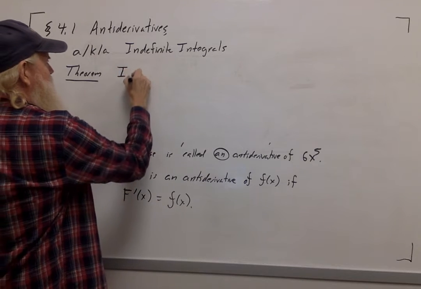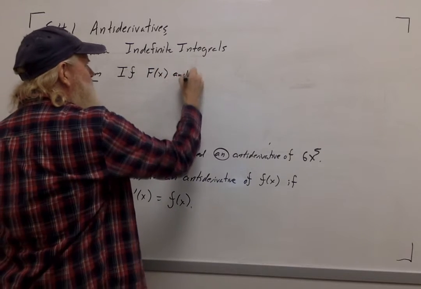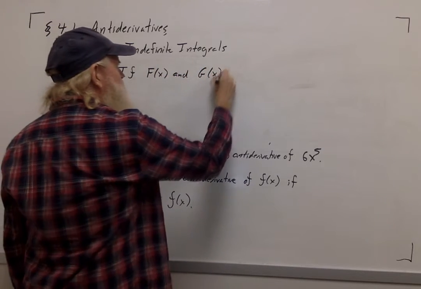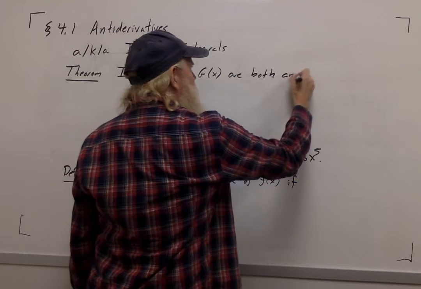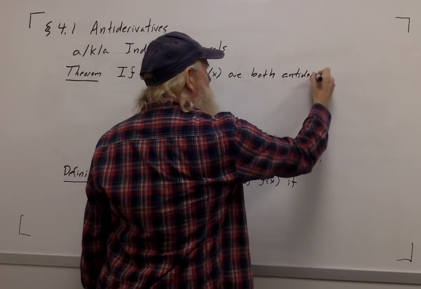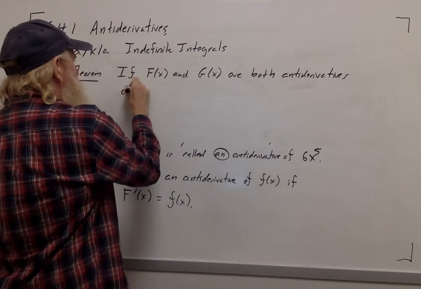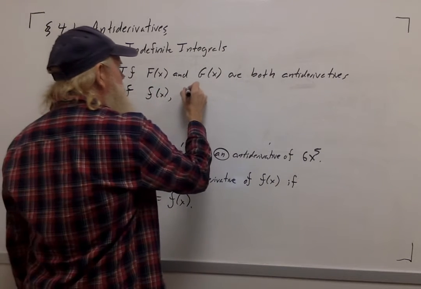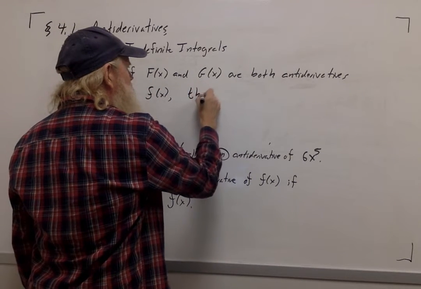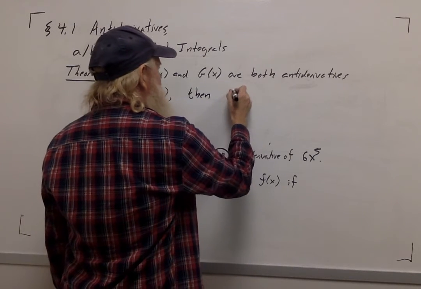So let's see if we can write that down. If big F of x and big G of x are both antiderivatives of the same function, little f of x, then those two functions differ by some constant.